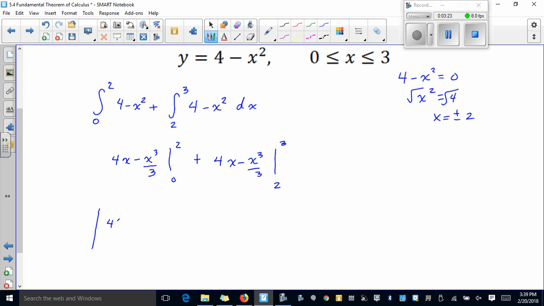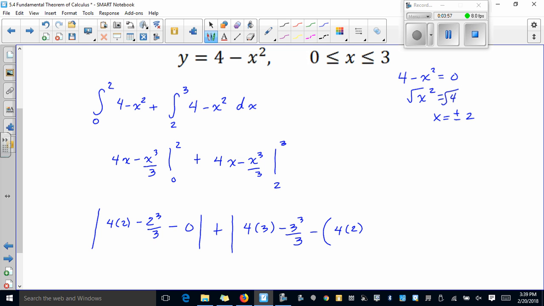I get 4 times 3 minus 3 cubed over 3 minus, parentheses, 4 times 2 minus 2 cubed over 3. Now I have to take the absolute value of this, the absolute value of this, and then I can add them up. That's what I was meaning. You can't just go and subtract those out.